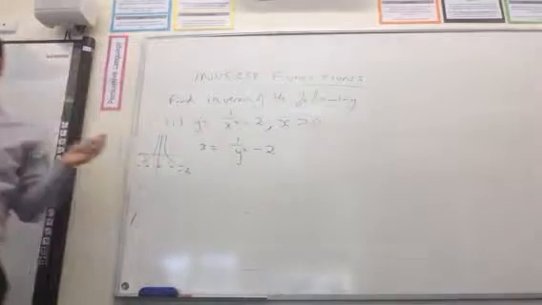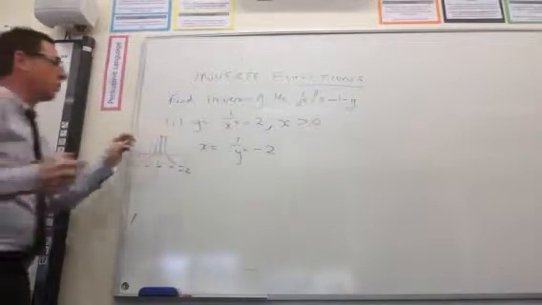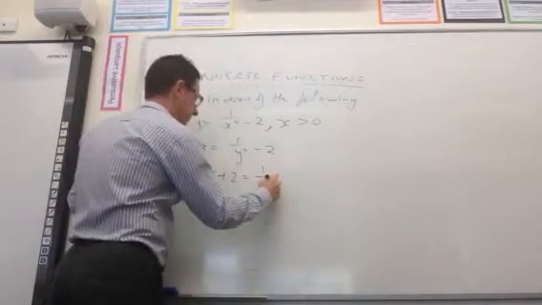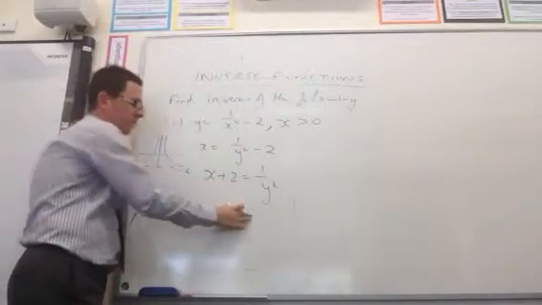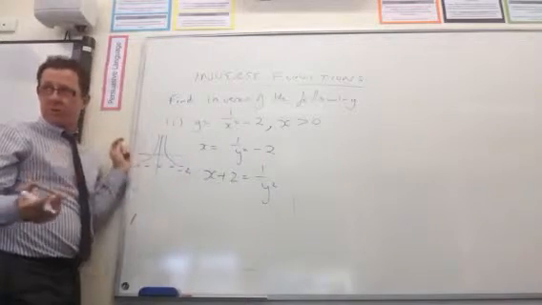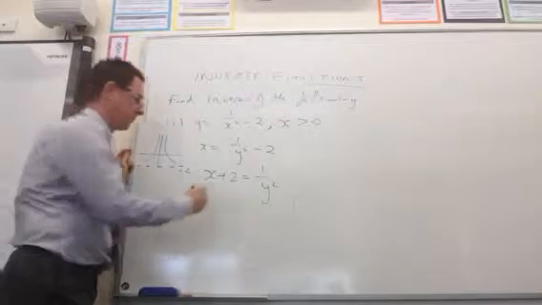We then proceed to swap x's and y's, because that's all we do. So it's 1-to-1 test. We now swap, transpose. Right, take the 2 over. Some people say cross multiply. When it comes to fractions like that, I just move.